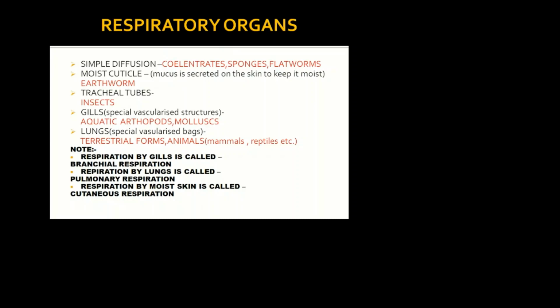Tracheal tubes are used in insects. Gills are special vascularized structures in aquatic arthropods and mollusks, and breathing or respiration by gills is called branchial respiration. Lungs are special vascularized bags.